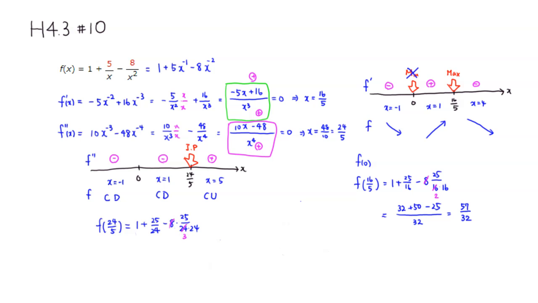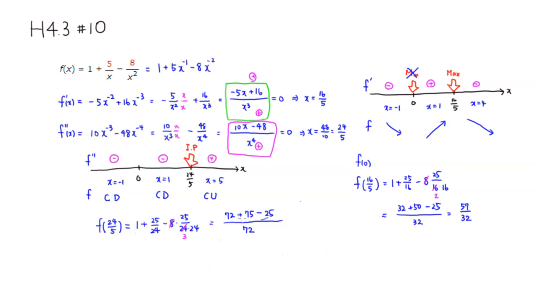The common denominator would be 3 times 24, so it's going to be 72. So 1 is the same thing as 72 over 72. 25 over 24, we multiply top and bottom by 3, so it's going to be 75, and then minus 25.